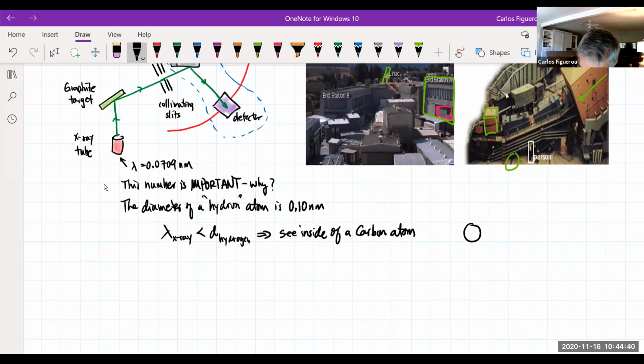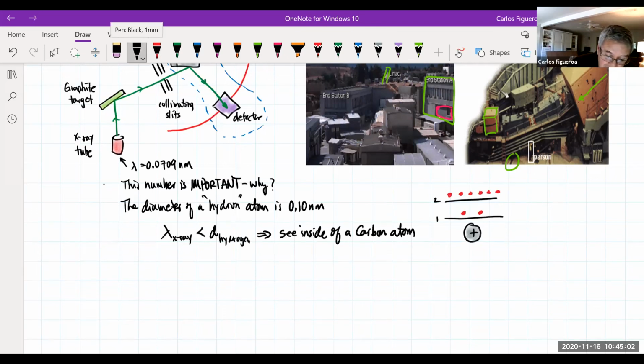A carbon atom has a positive nucleus, and carbon has 2 shells, right? It has 1, 2. It has electrons here, and then it has 6 electrons there.